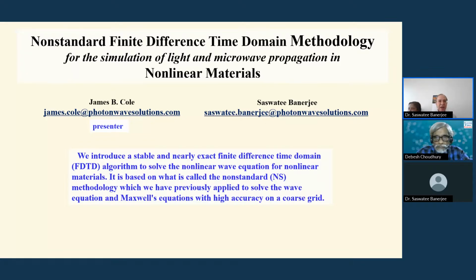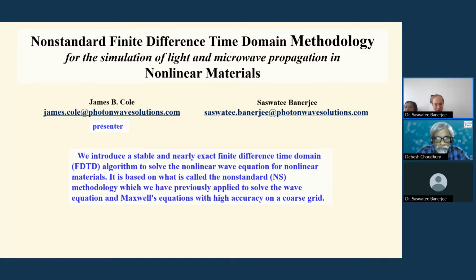All right, so today I'm going to present the non-standard finite difference time domain methodology for the simulation of light and microwaves in nonlinear materials. Some of you may have heard of the finite difference time domain methodology, but maybe not the non-standard one.